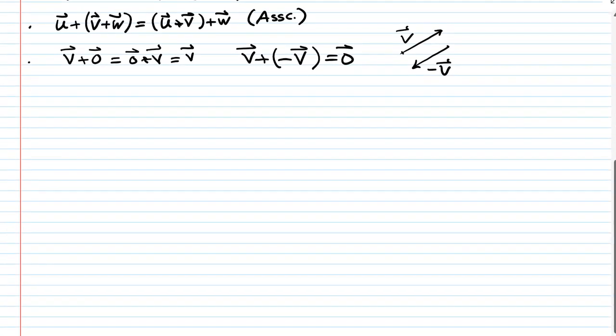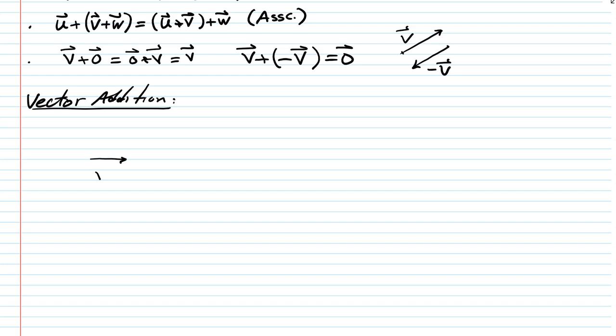Now, how do we add vectors? So let's talk about vector addition. There are a couple of ways we can do this, the vector addition, that is. One is the triangular method. So for this method, suppose I have vector v here, and I have vector w here, and I want to add these two.